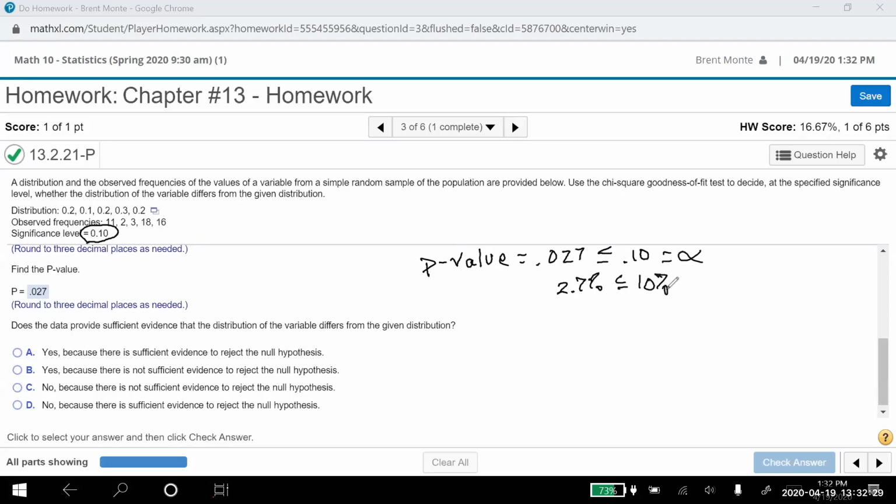So move the decimal in each twice. So we say, yes, that is true. So we reject the null hypothesis. And then our conclusion is, yes, it does appear that the distribution of the variable differs. Yes, it appears, and I'll just shorthand it here, the distribution differs.